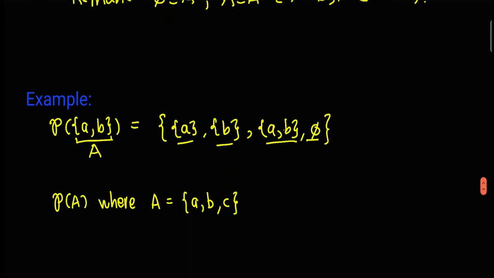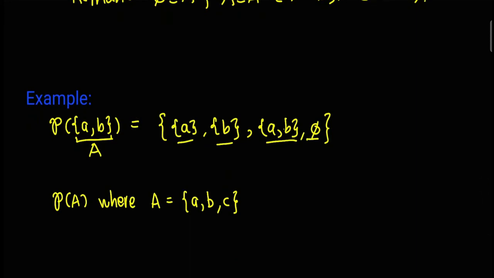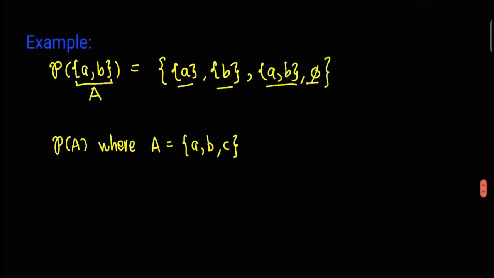What if the set contains three elements? Again, following the same technique, all we need to do is to get the elements of A one by one, and then form a set containing these elements. If we don't get any element, we get the empty set.